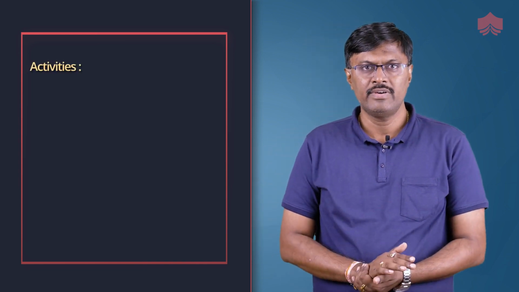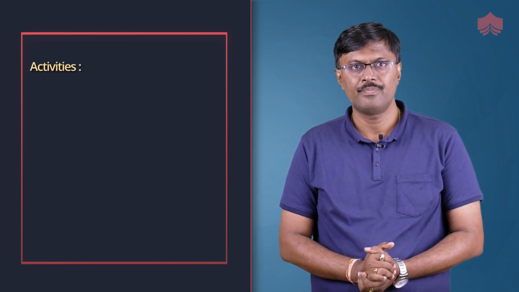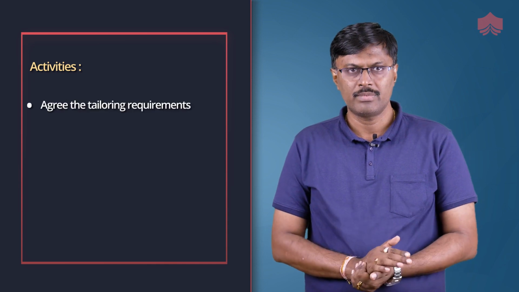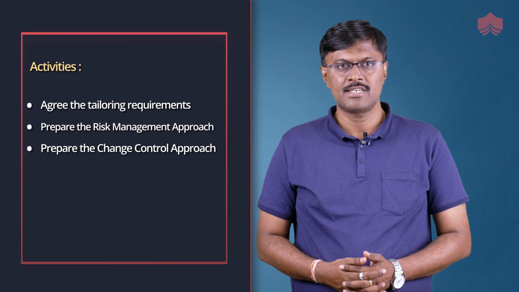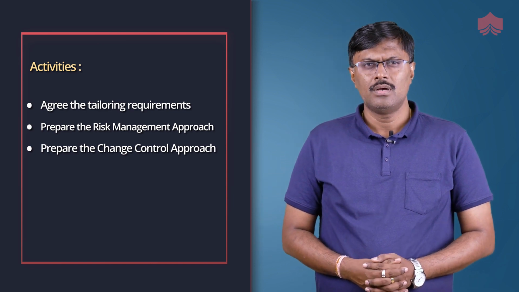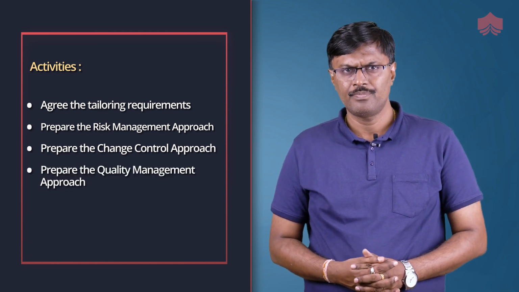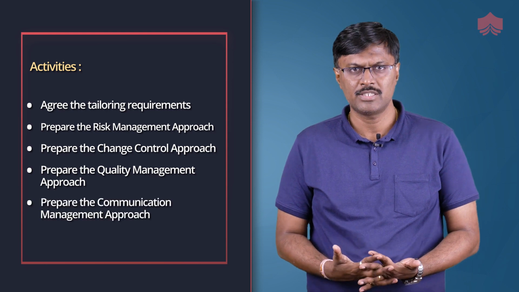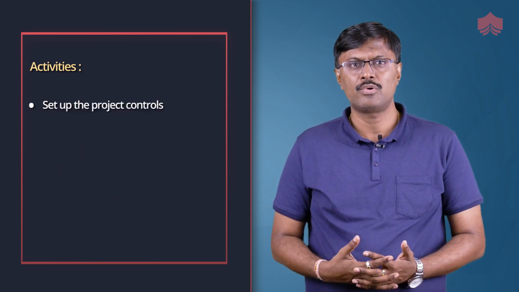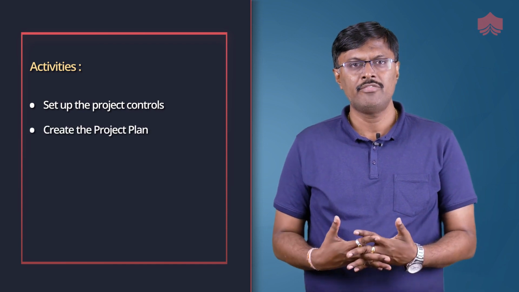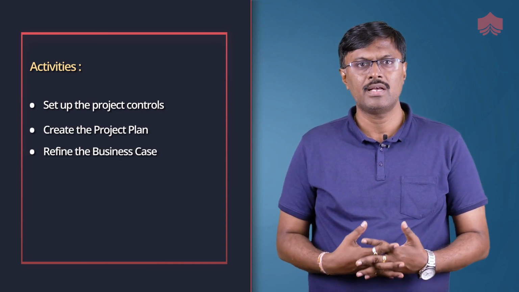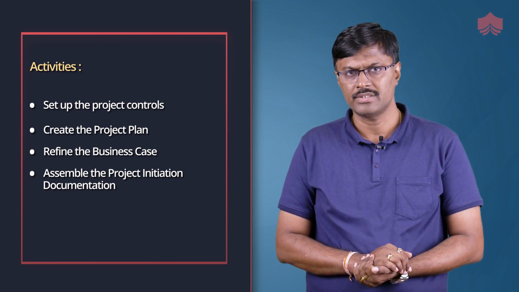The activities of initiating a project process are agreeing the tailoring requirements, prepare the risk management approach, prepare the change control approach, prepare quality management approach, prepare the communication management approach, set up the project controls, create the project plan, refine the business case and assemble the project initiation documentation.